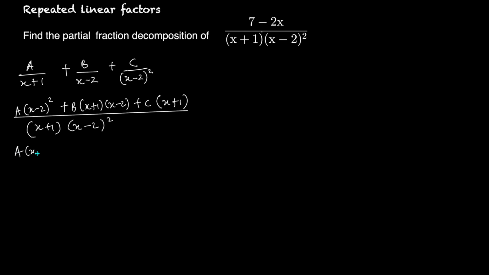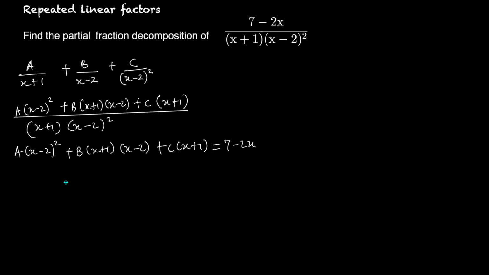Everything in the numerator must be equivalent to what you have at 7 minus 2x.